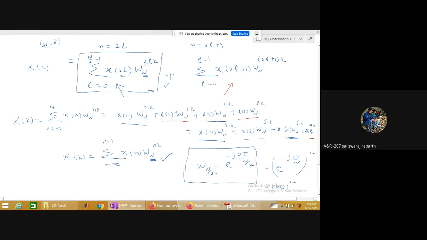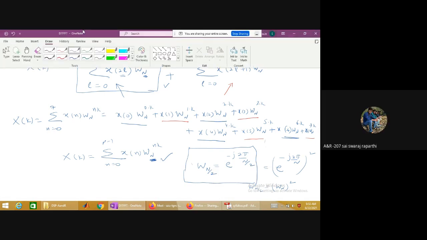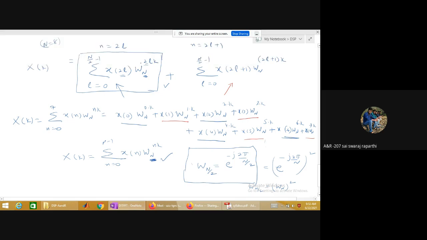We can write. So w n by 2 can be written as w n power square. Yes, sir. Now the thing is, this only the red color box. Can I write it as w n by 2?